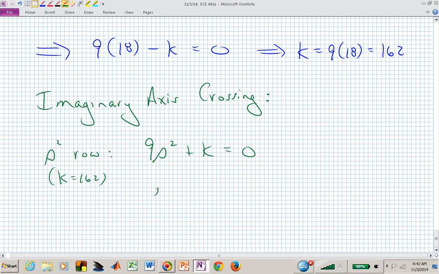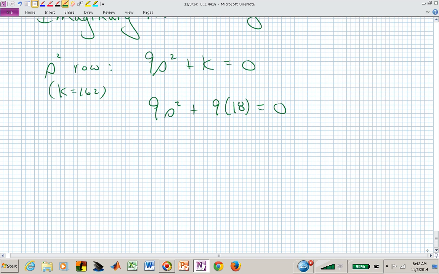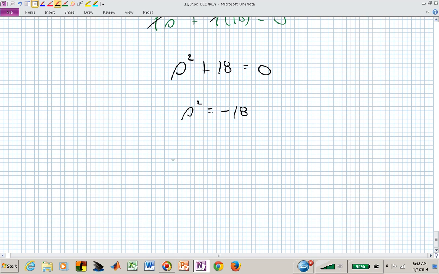We can now plug in, and I'm going to write k in a factored way. That was 9 times 18 before, so that I can now divide that 9 out more easily. And I now see that I have s squared plus 18 is equal to 0, or s squared is equal to minus 18. And now I know where my two branches of the root locus are going to cross the imaginary axis.